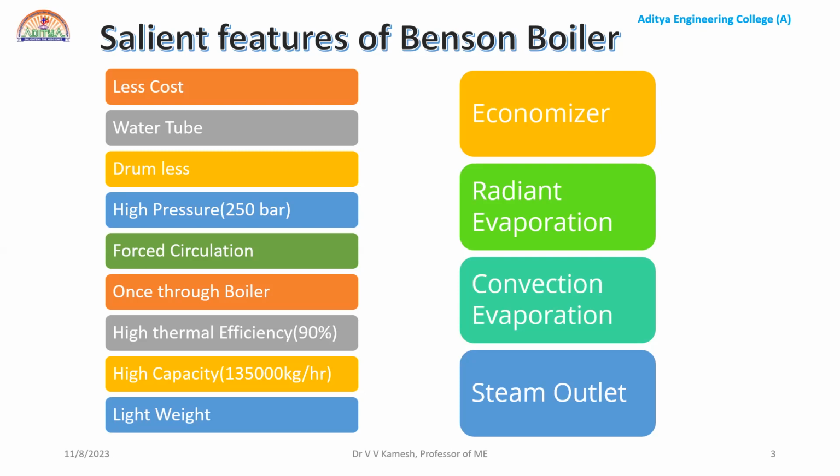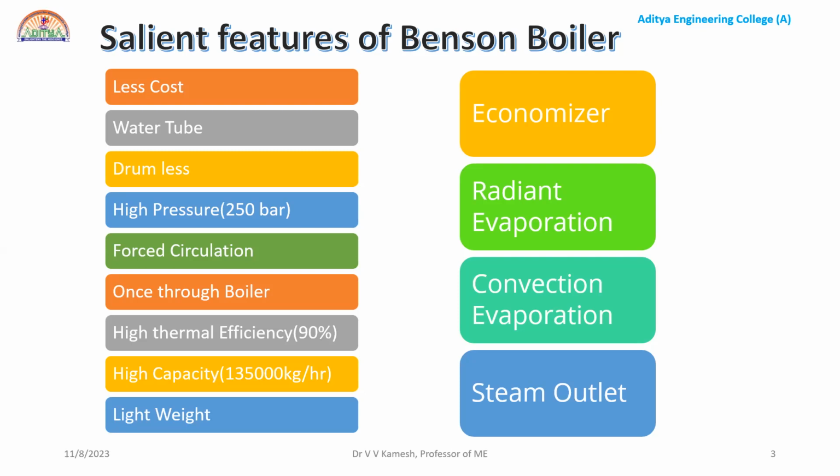But in the Benson boiler, we don't have any storage. Only pipes will be there. Water will enter the pipe and leave the pipe as steam, with some passages in between. So it is drumless, and once the drum is not there, that associated cost is eliminated.